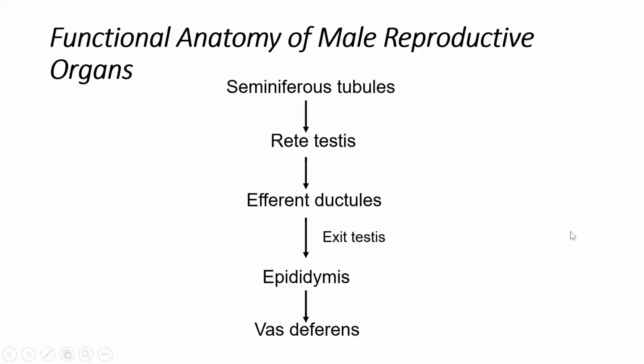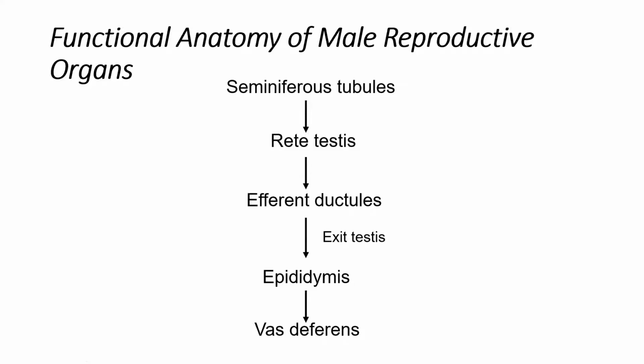So let's talk about the route that the sperm take to get from the seminiferous tubules where they are created all the way to the urethra where they are ejaculated. So first they go through the seminiferous tubules, they make their way to the rete testes. So the rete testes is the prominent portion of the testes.